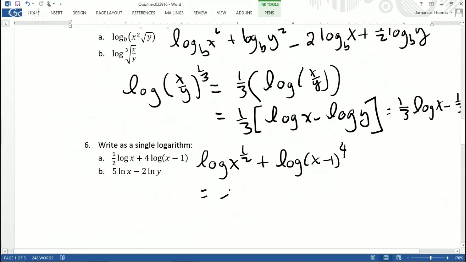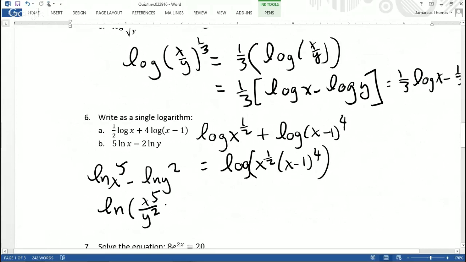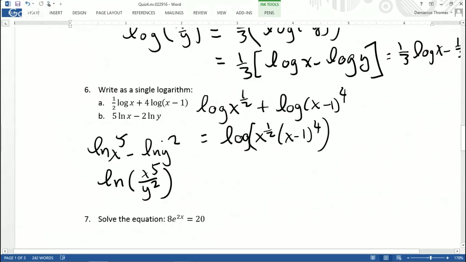And that's just the log of x to the 1/2 times x minus 1 to the 4th. Okay. Same idea here. We got ln x to the 5th minus ln y to the 2nd, and that's equivalent to ln of x to the 5th over y squared. Final answer. Let's keep going.